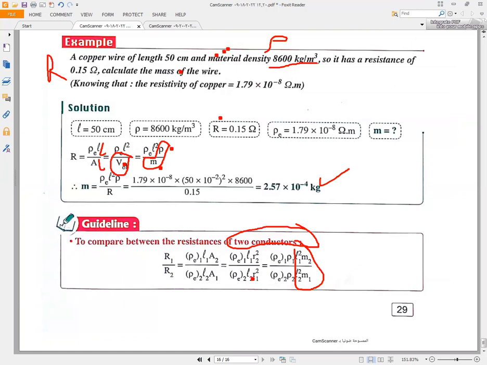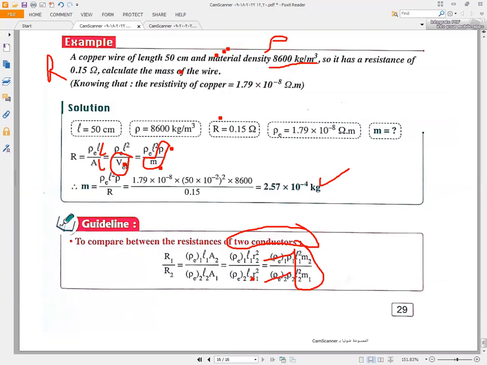If the two wires are of the same material, the electric resistivity will be the same and the material density will be the same, so they cancel each other like this.